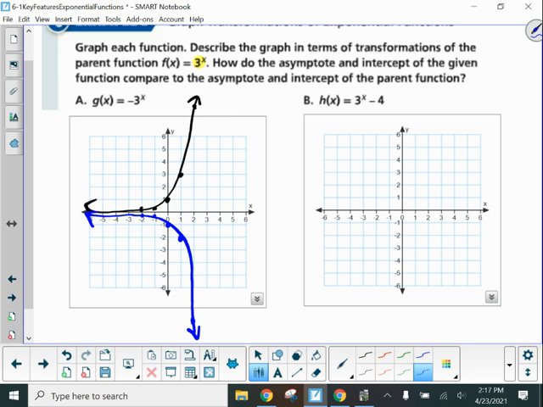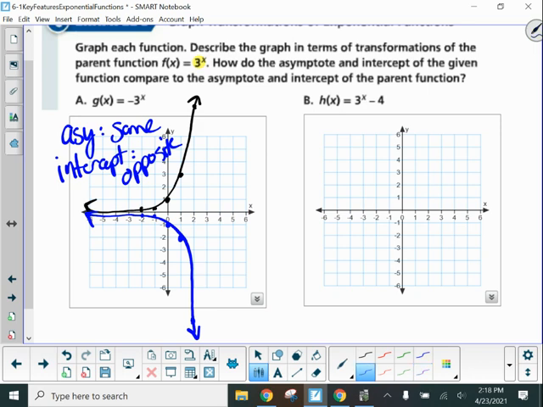And it says, how do the asymptote and the intercepts compare? So the asymptote is going to be the same. And the intercepts, again, that would be the y-intercept, is going to be opposite. So the black parent function had a y-intercept of 1. The new function has a y-intercept of negative 1.